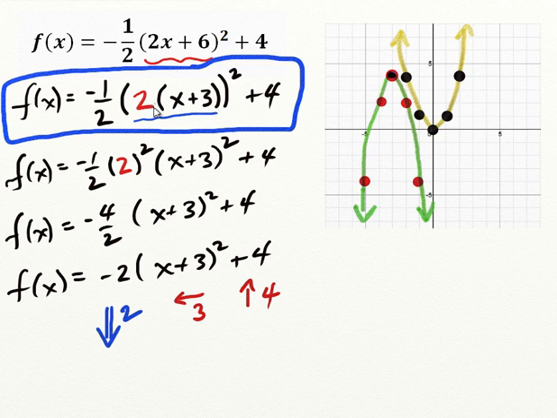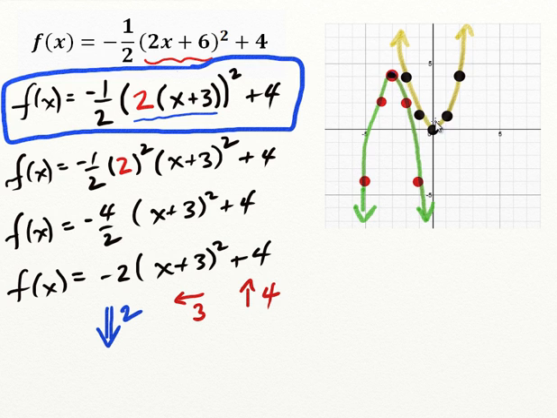We do have a 2 here, however, and that 2 is a horizontal compression. So if we normally would have gone over 1, now we're only allowed to go over 1/2. Okay, so I'm going to go over 1/2 and then worry about going down now.